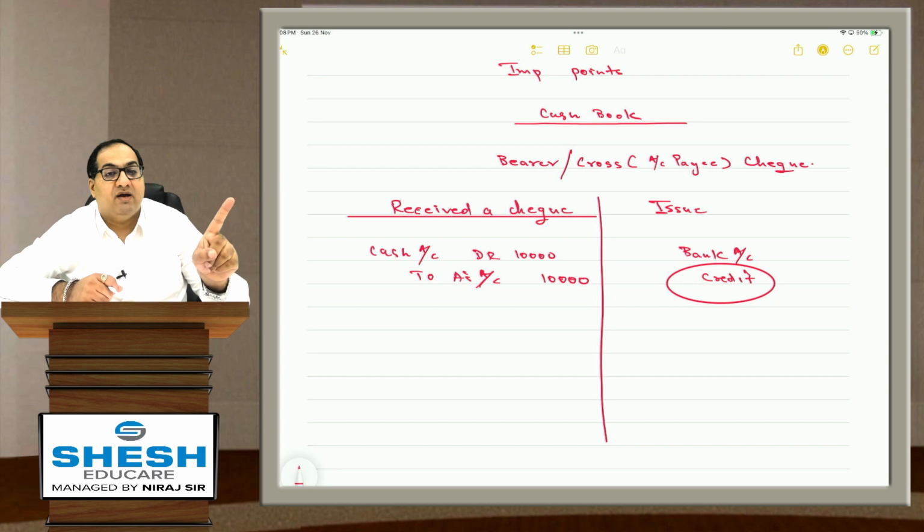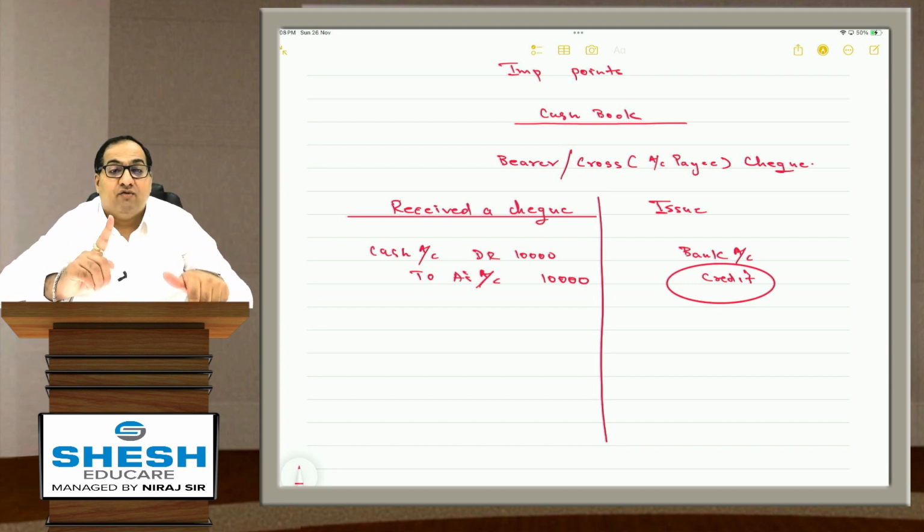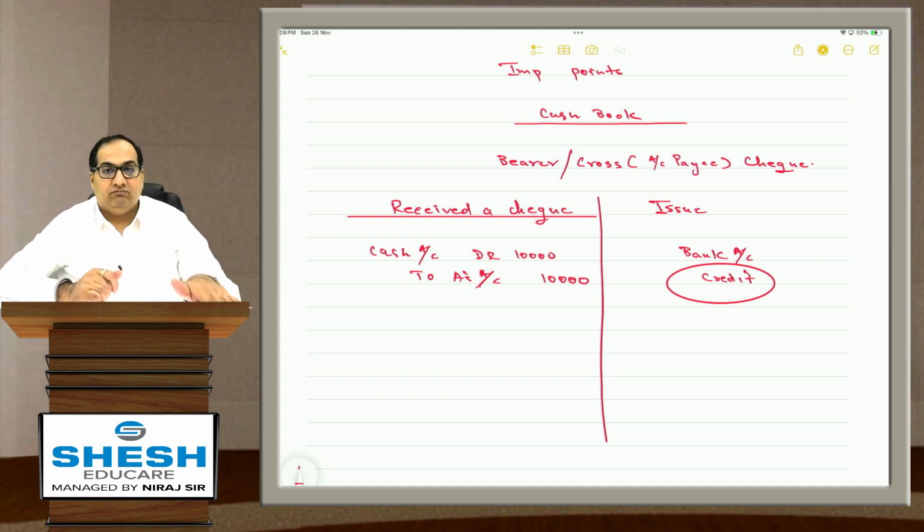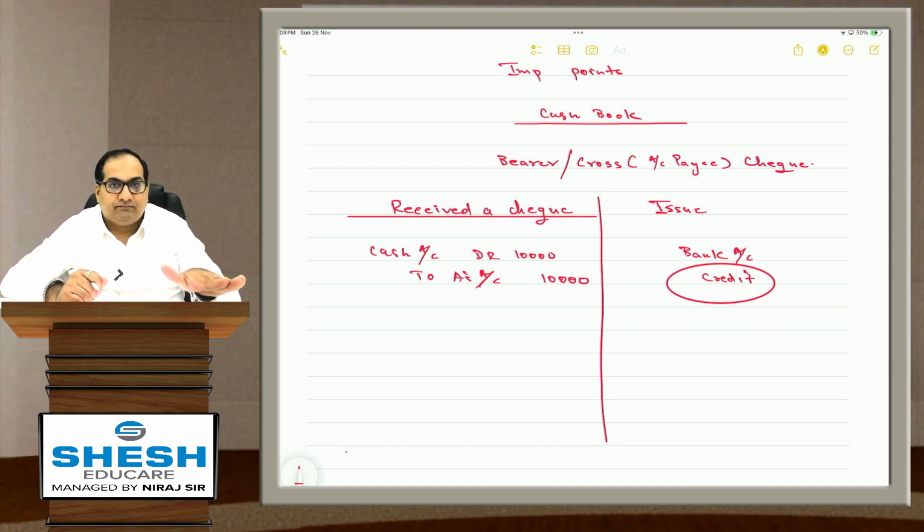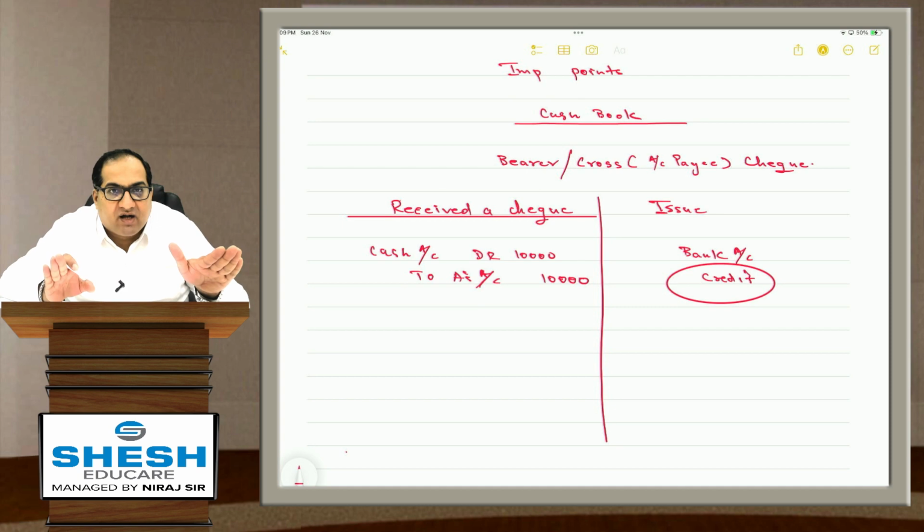I will never ever be able to deposit this check into my bank account because he has not given order to his bank to make payment to my bank account, but he has given order to make the payment to the bearer of the instrument. So I will carry this check to his bank. I will give the check at his bank at the counter and take cash. Am I very loud and clear?